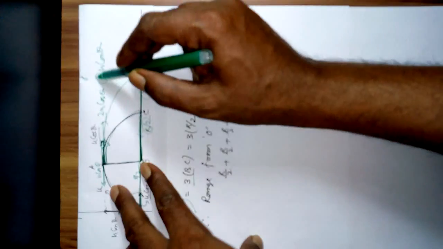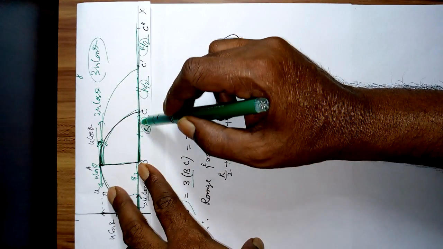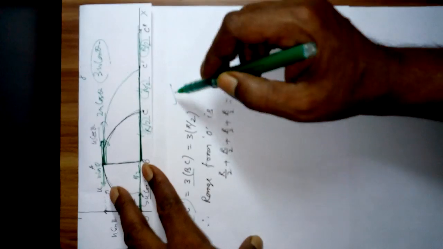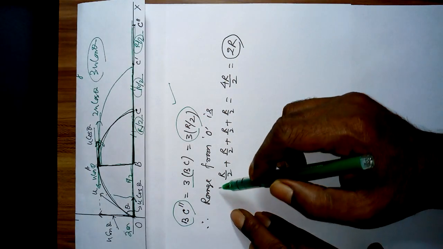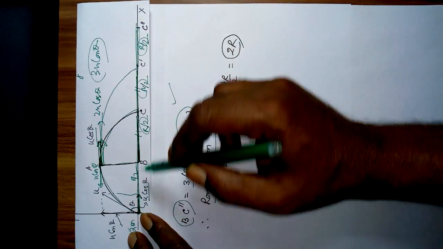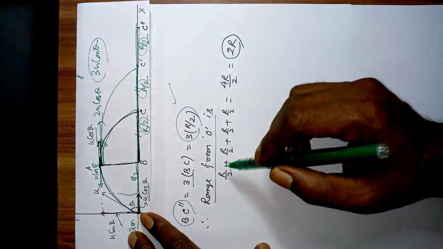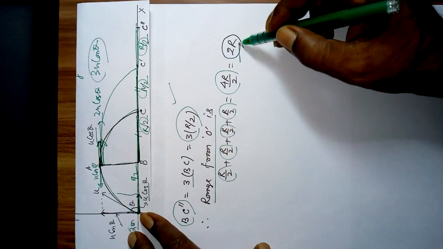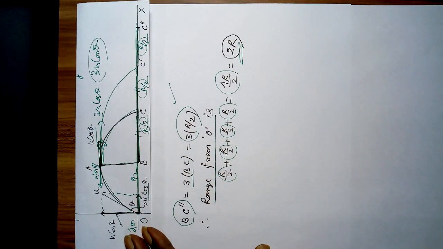Due to 3 u cos theta it will arrive at thrice the distance BC, that is this plus this plus this, that is at C double dash. So 3R by 2. Therefore, the range from the point O to C double dash will be 4 times R by 2, that is equal to 2R.